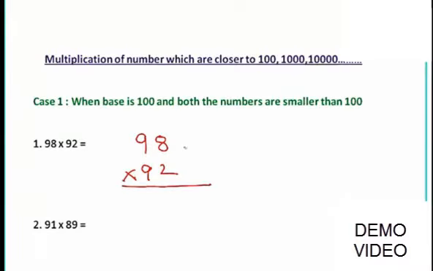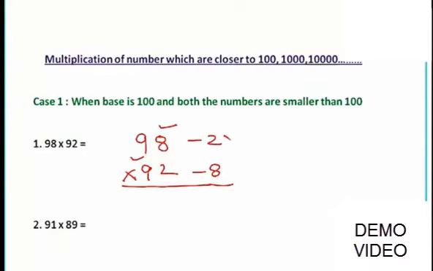Now 98 is 2 less than 100 and 92 is 8 less than 100. What we are doing over here is just finding the difference of the given number from 100.